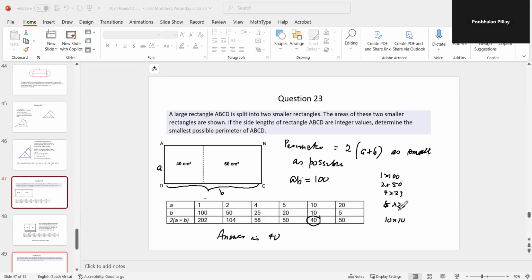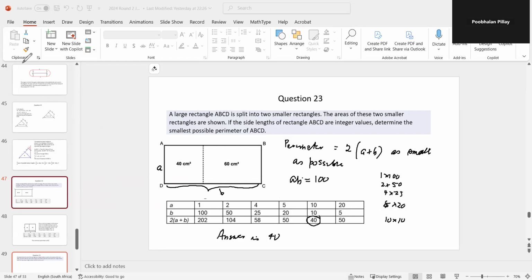So when you write it down like this, you can see all the possible factors. It's 1, 2, 4, 5, 10, and then 20, 25, 50, 100. So there are 9 factors only, right? You're going to get these things repeated. All right, so that takes care of problem number 23.